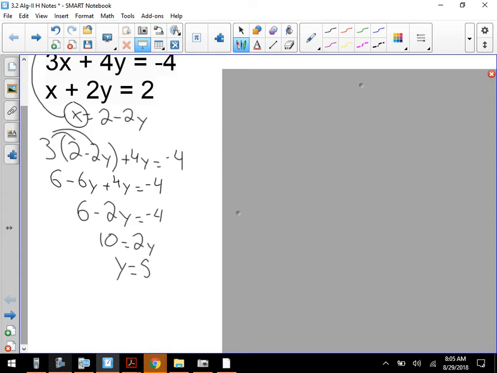Okay. If y is 5, what do I do with that to figure out what x is? Yep, very good. Go back up. Substitute back in. So x will equal 2 minus 2 times 5, otherwise known as... Very good.